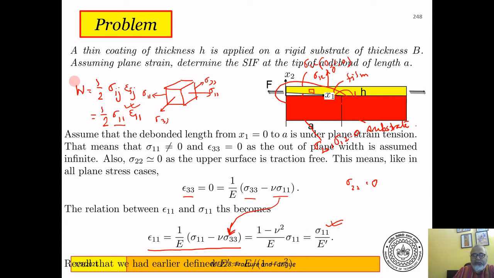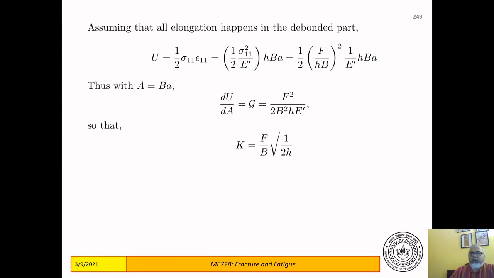This is the energy per unit volume. We'll have to integrate this over the volume of this debonded part, to get the total strain energy in the system. So that's what we are going to do. First we are going to find U, times the volume.